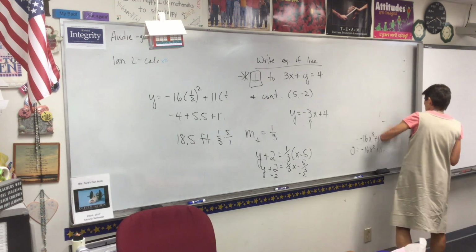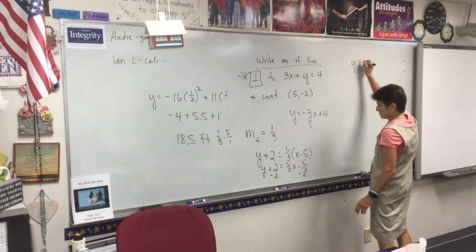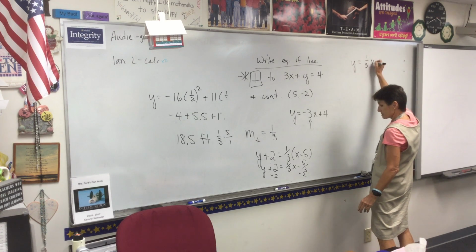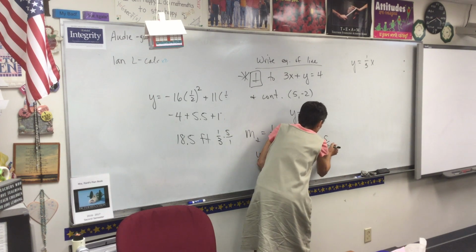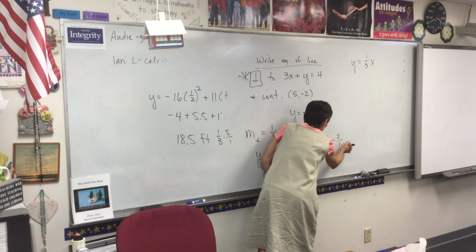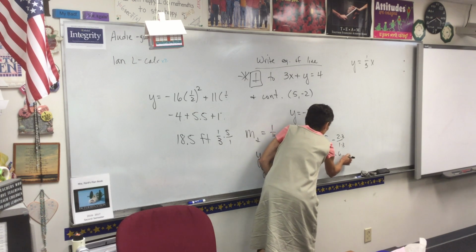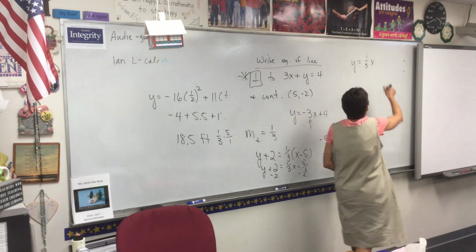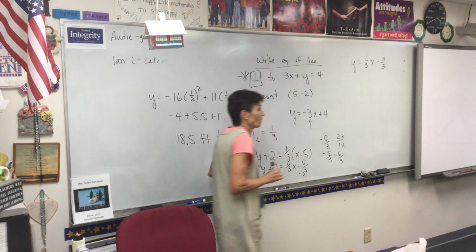So y equals 1/3 x, and I have a negative 5/3 minus 2/1. So that's negative 5/3 minus 6/3, negative 11/3. So there is the answer to my question.